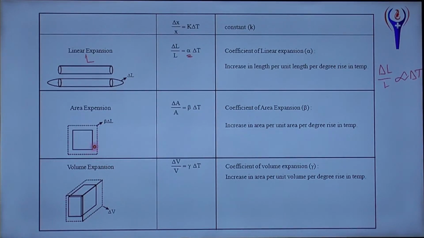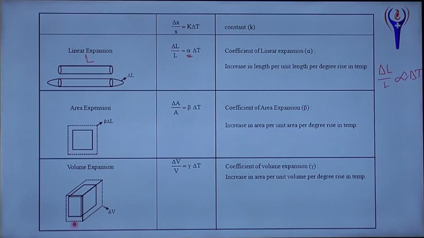Similarly, area expansion. Suppose expansion takes place in 2 dimensions, length and breadth, we can say that is area. Then fractional change in area, delta A by A, is proportional to delta T. And as usual, by removing proportionality we are giving a constant, that constant is beta. Beta is called coefficient of area expansion. Increase in area per unit area per degree rise in temperature, that is called coefficient of area expansion.